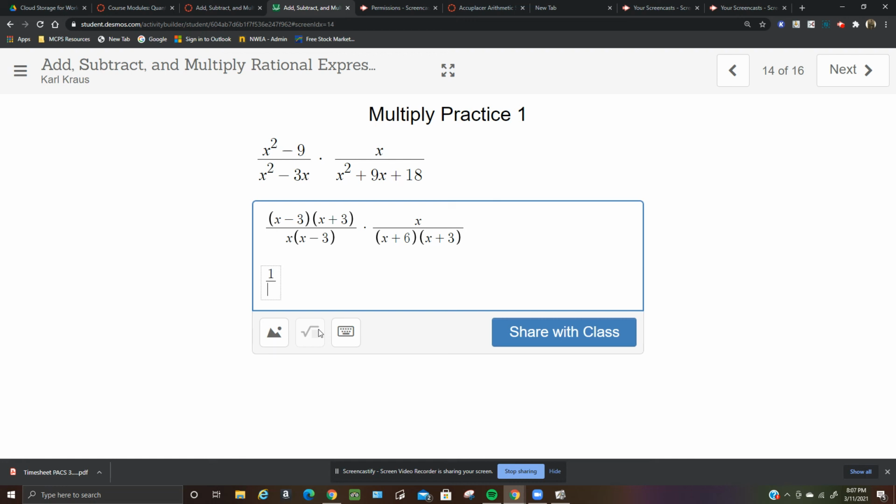And on the bottom, you're left with x plus 6. It's hard to illustrate here, but you would cross these off, and cross the x's off. Everything on the numerator is crossed off, so you have a 1 here, and the only thing left not crossed off in the denominator is x plus 6.